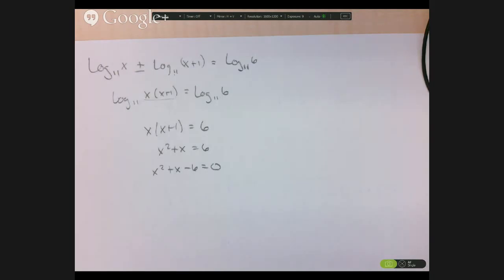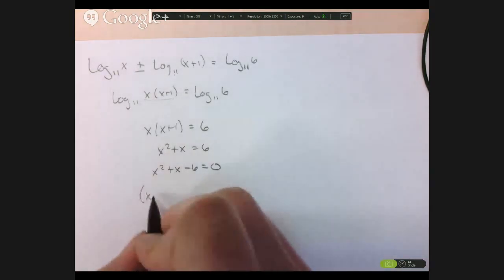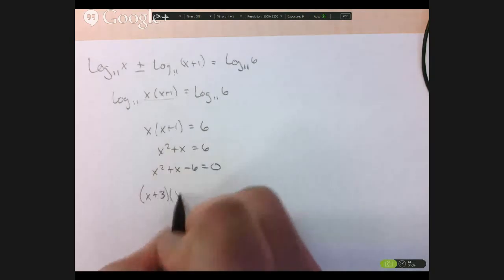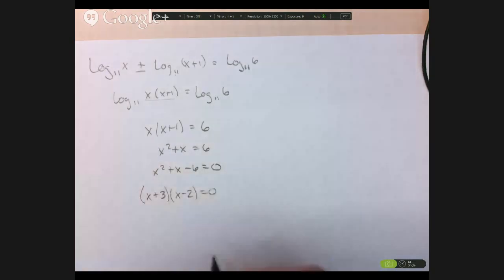Try to solve it. We've done this so many times. Try to remember how to factor.